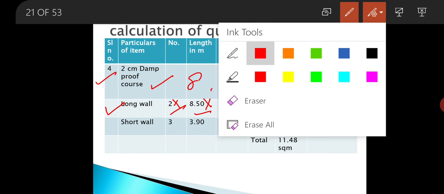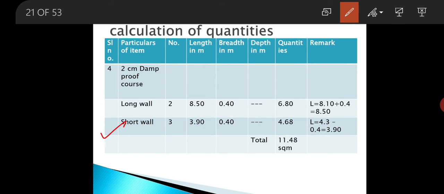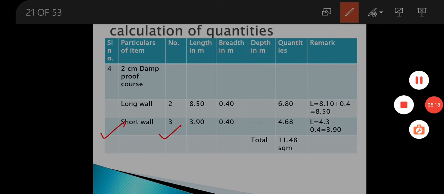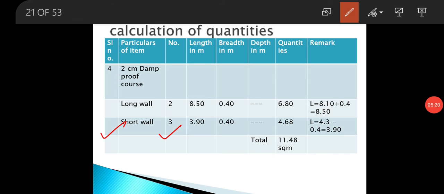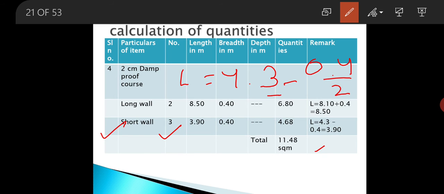Clear? Next, we will move to the short wall. There are 3 numbers of short wall. From the center to center length of the short wall, that is 4.3, you will subtract half of the width of the DPC from both the sides.